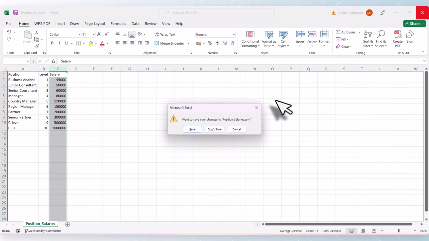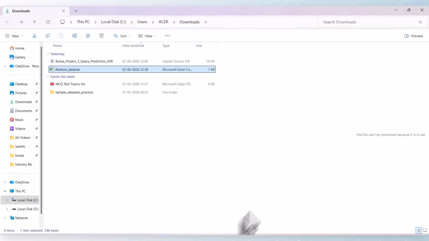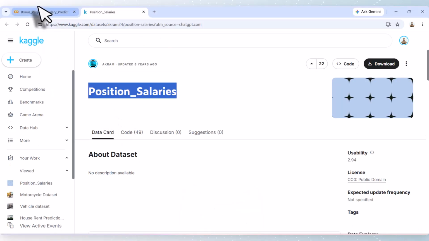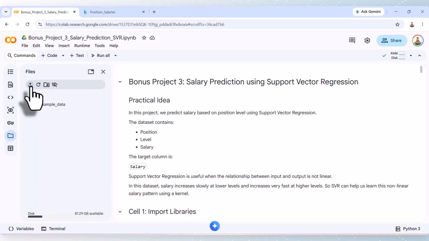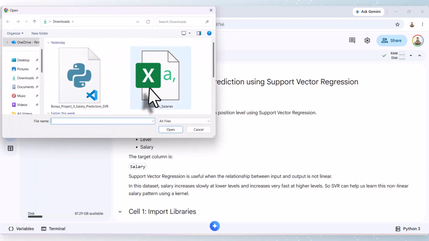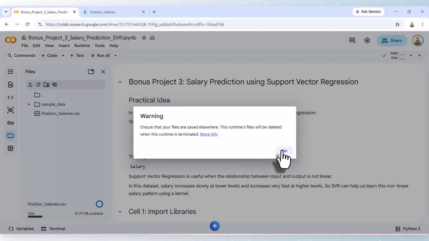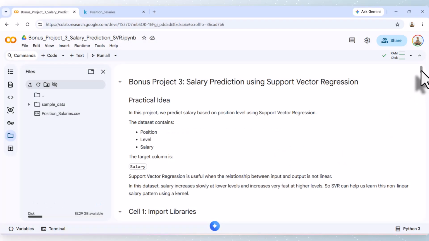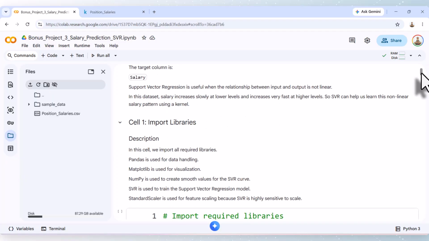Okay. So for this, you can upload this dataset into Google Colaboratory first. You can select the upload option and select this salaries dataset, which is the CSV file. The dataset contains position, level, salary. The target is the salary column.